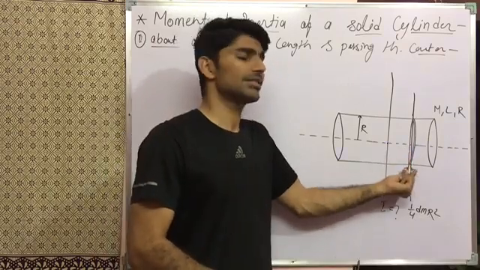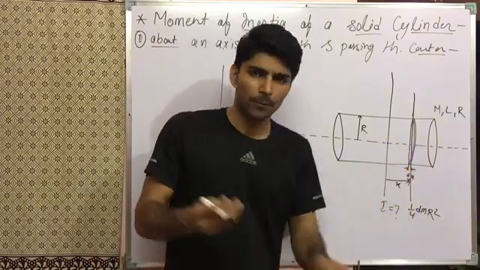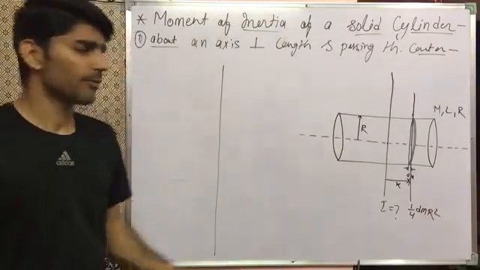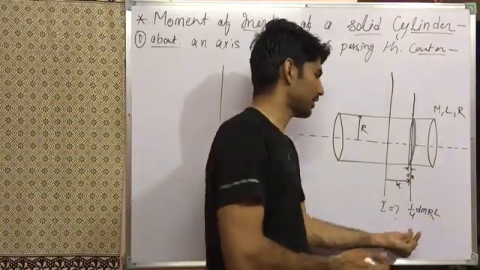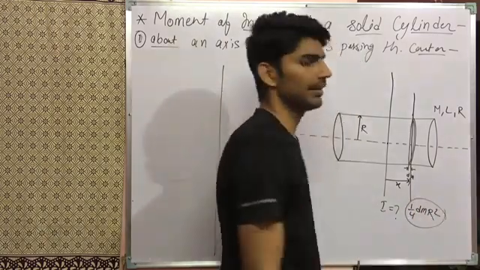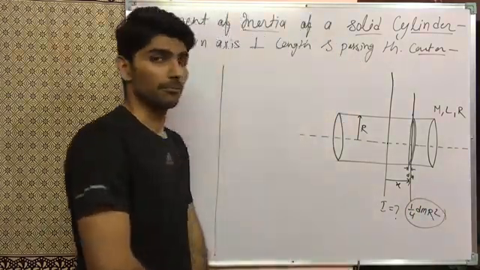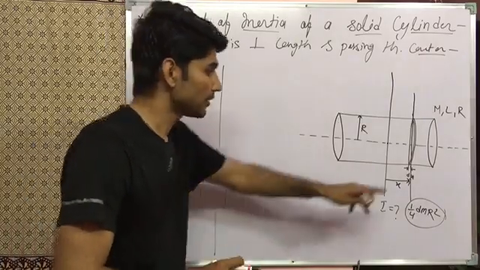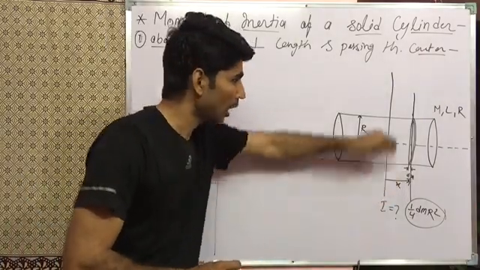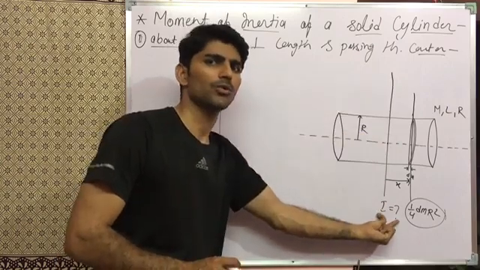The moment of inertia for a disk along the diameter is 1 by 4 mr square. So I'm writing 1 by 4 dm r square.